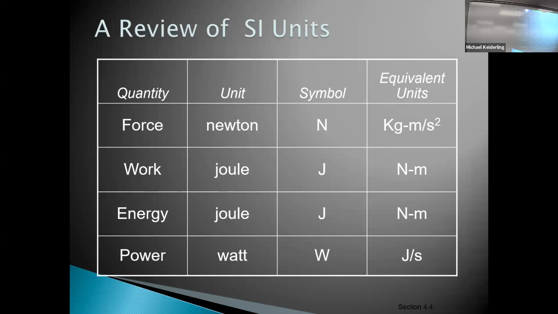Kinetic energy is 1/2 mv squared, kilogram meters squared per second squared. Energy is also in joules because work is just energy moving between things. And power is work over time. The unit is watts, which is joules per second.